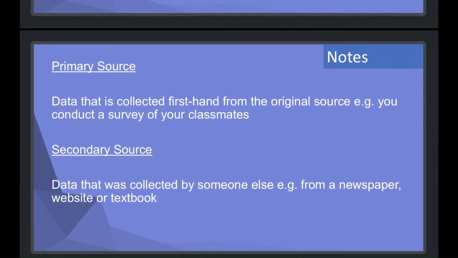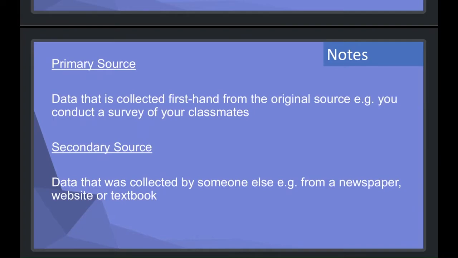Now we're going to look at where data comes from, and we've got two distinctions here. Primary source, which is data that comes from firsthand. For example, you are going to your classmates and asking them a series of questions on a survey.